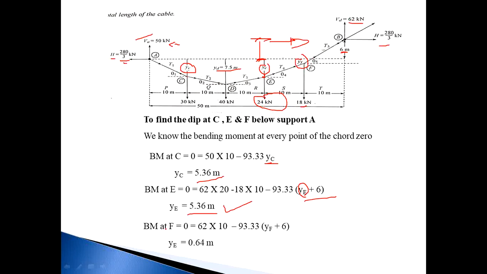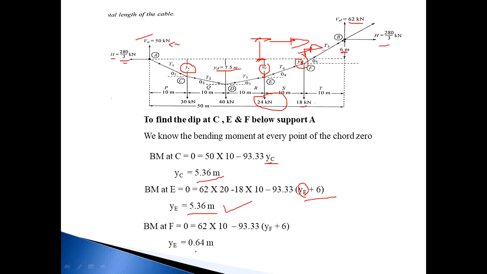Then I want to find out YF. So bending moment at F is equal to 0. Consider once again the right side of this F point. The number of forces now is only 2, that is reaction H and reaction VB. So 62 into 10 and H into YF plus 6, that is YF plus 6.